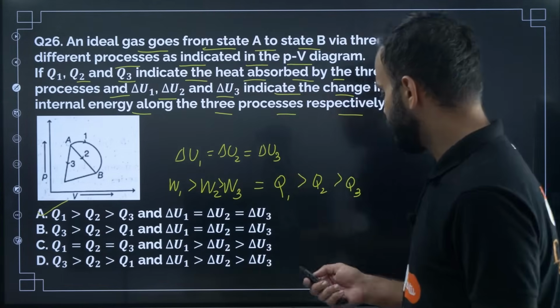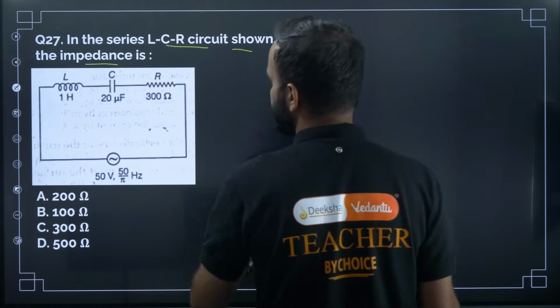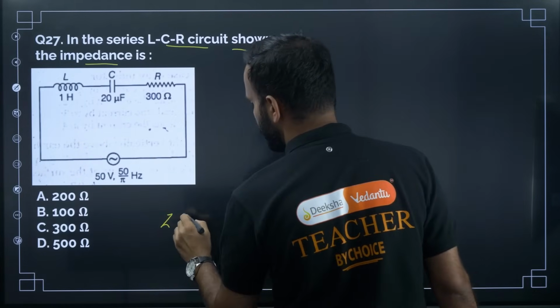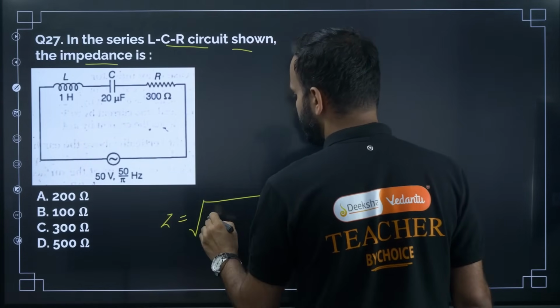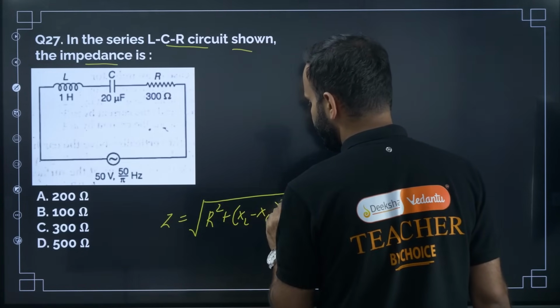Next question, question number 27. In the series LCR circuit shown, the impedance is Z equal to root of R squared plus (XL minus XC) whole squared.